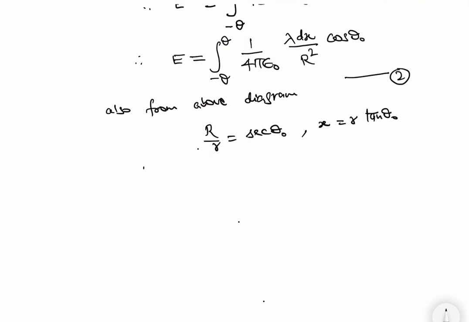This gives R is equal to r sec theta naught, and dx is equal to r sec square theta naught d theta naught.